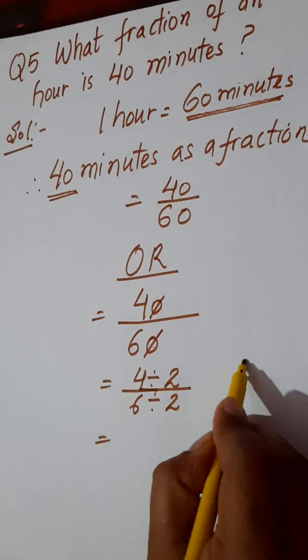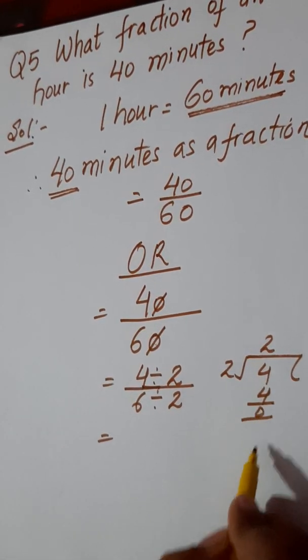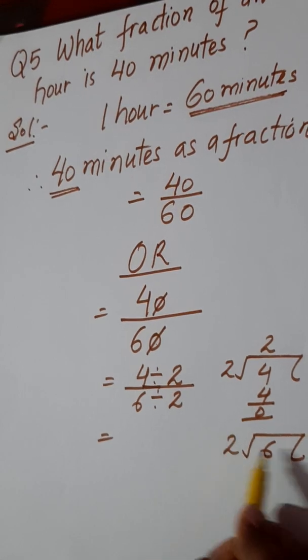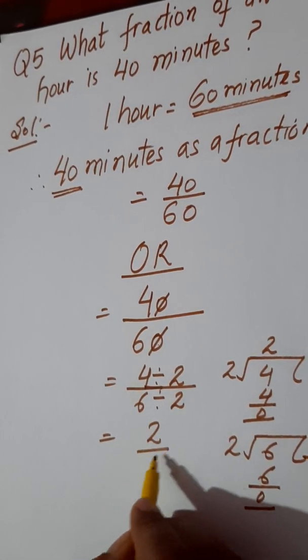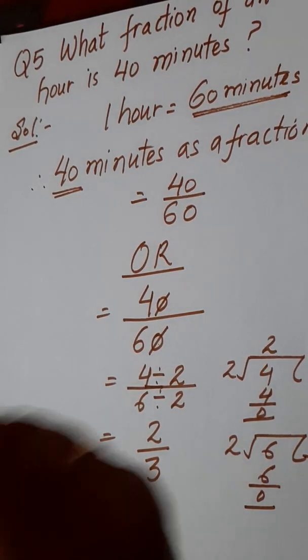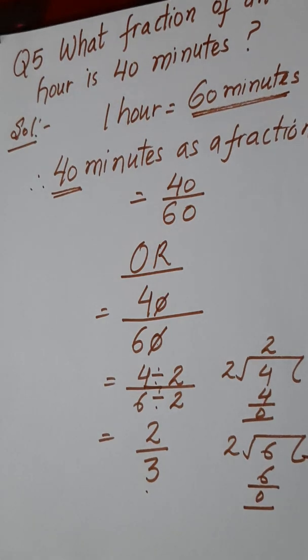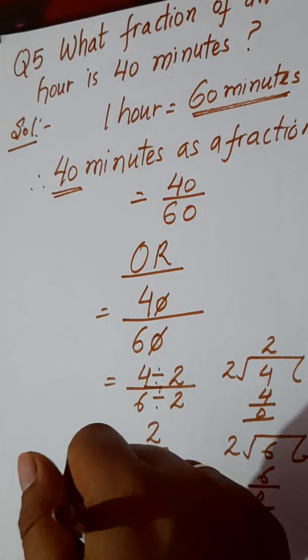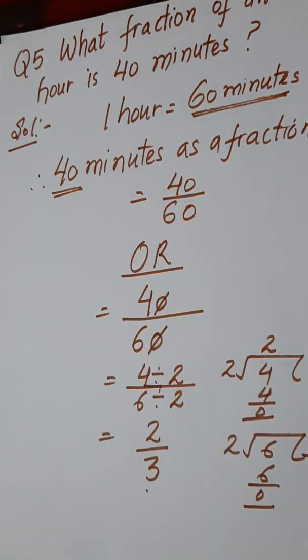When you divide 4 by 2, you will get 2, and when you divide 6 by 2, you will get 3. So your answer is 2 upon 3. You can write 40 upon 60, and similarly you can also write 2 upon 3, either this or this. Now next question, that is question number 6.